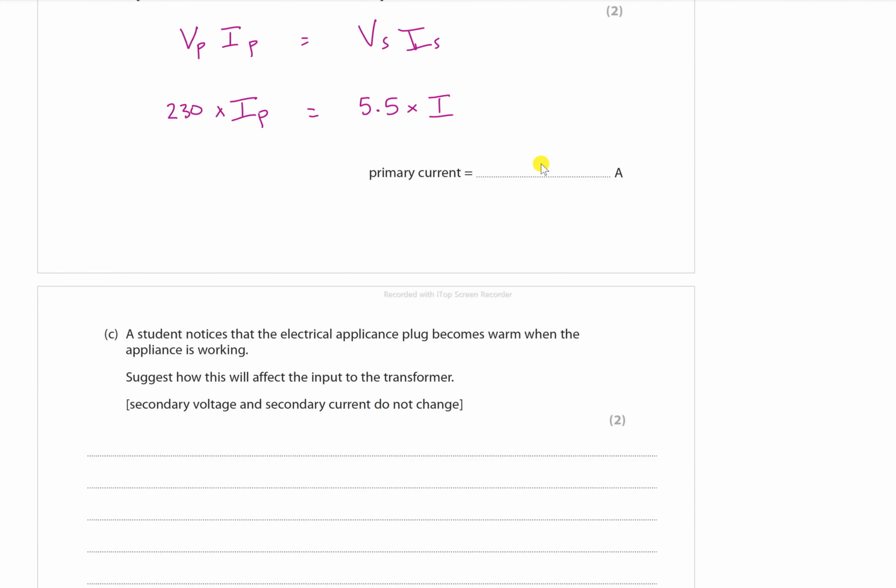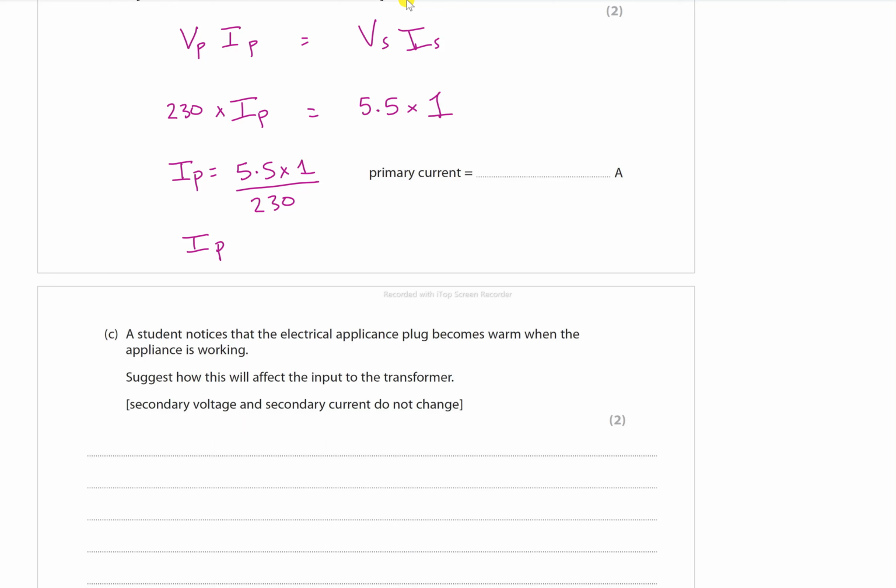That's step one. Then, well, it's only 2 marks, but it doesn't matter. Then we want I P. So 5.5 times 1 divided by 230.